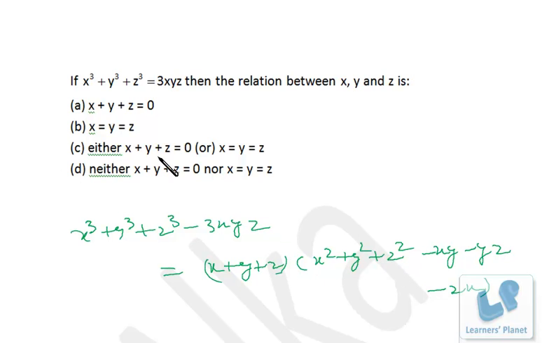So either x plus y plus z is 0 or x is equal to y is equal to z. This is the correct choice. So in both the cases, x cube plus y cube plus z cube minus 3xyz will be 0, or x cube plus y cube plus z cube will be equal to 3xyz. Okay, an important concept, friends, just keep that in your mind.